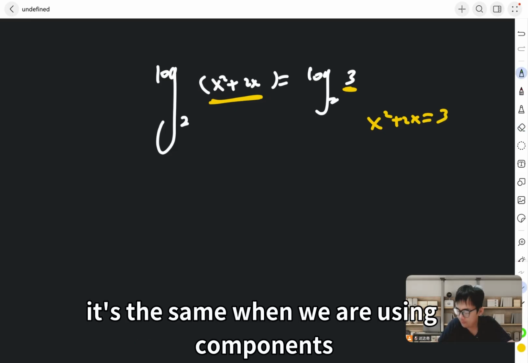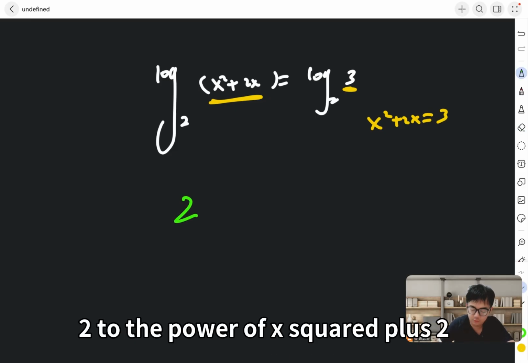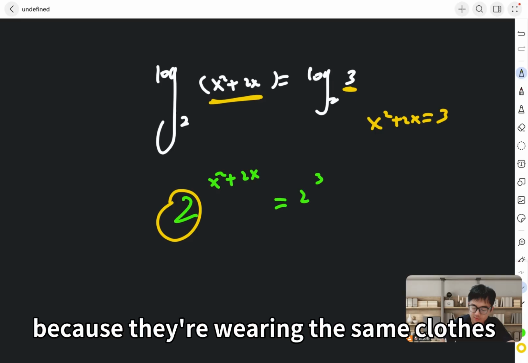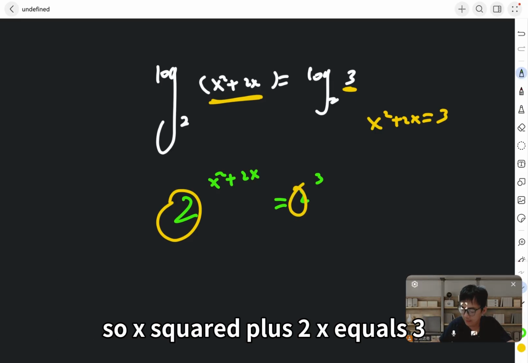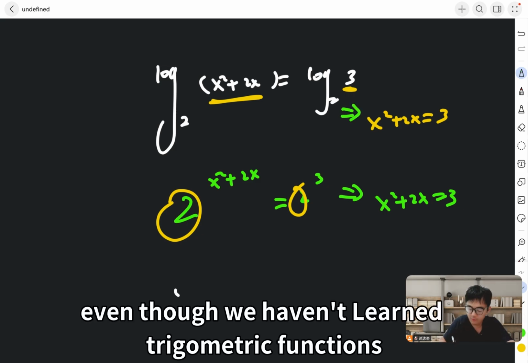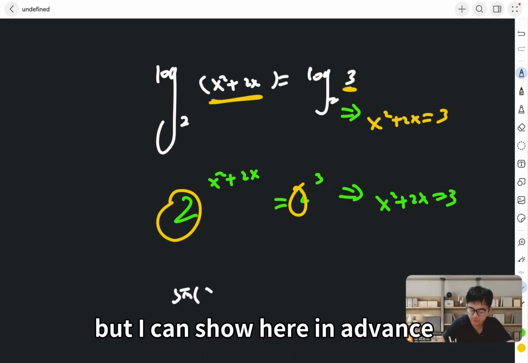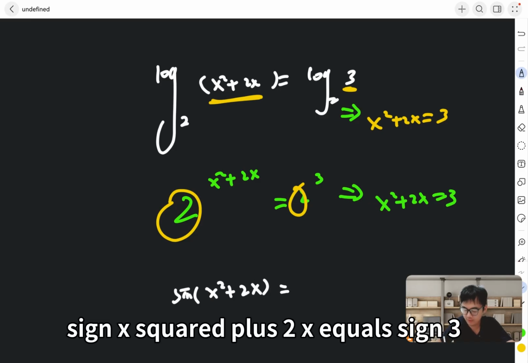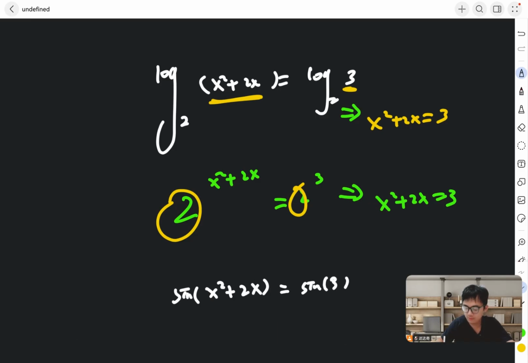It's the same when we are using exponents. 2 to the power of x squared plus 2x equals 2 to the power of 3. Because they are wearing the same clothes, x squared plus 2x equals 3. And even though we haven't learned trigonometric functions, I can show here in advance: sine of x squared plus 2x equals sine of 3.